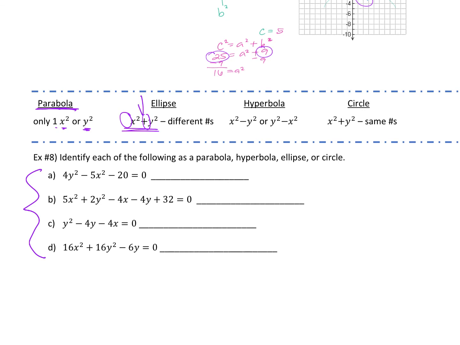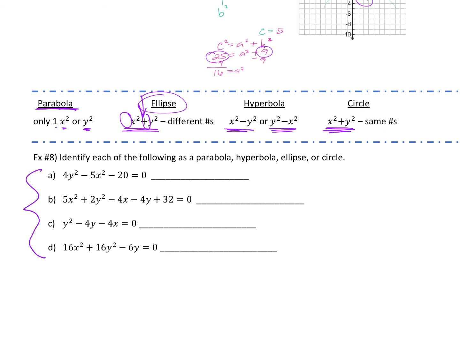Remember, we're adding with an ellipse. If it's x squared minus y squared or y squared minus x squared, if you are subtracting them, it's a hyperbola every time. And then if you have x squared and y squared, just like the ellipse, but now they're the same numbers in front, so 2x squared plus 2y squared, that's a circle.